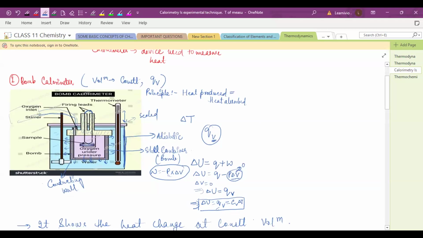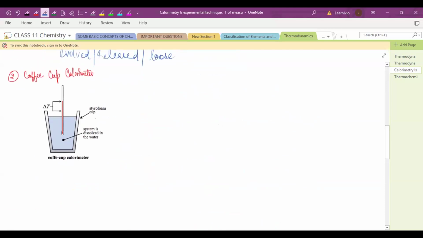But here in the coffee cup calorimeter, we take an open type of system. It's not an isolated system. There is no sealing, no lid, just an open system. So here the chances of heat exchange are more, and the chances of heat loss are higher.